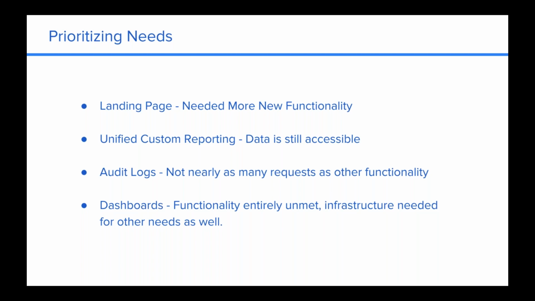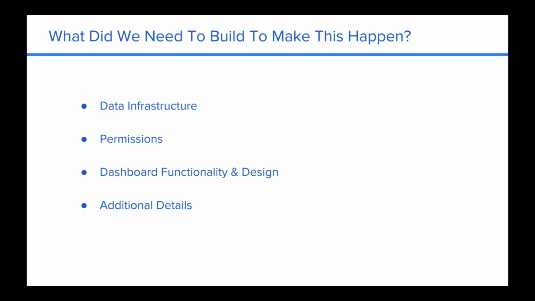It was viewed as important, but since all of the data was available in the two current reporting tools, while there's a lot to be gained from a better user experience, customers still have access to it, so we didn't think that was as high of a priority either. Audit logs we thought were a solid priority, and they're coming to our platform soon, but they weren't prioritized quite as highly due to the number of customers asking for them relative to the number asking for things like point-in-time functionality.